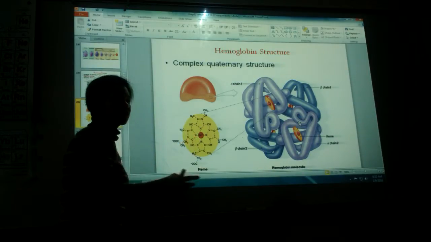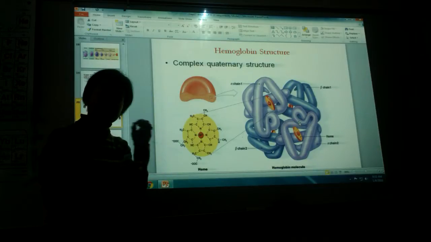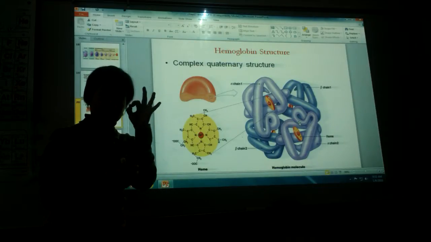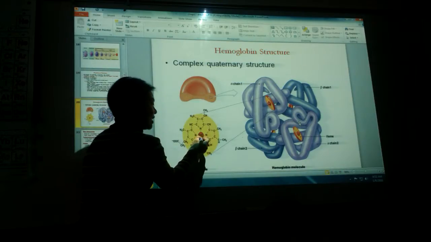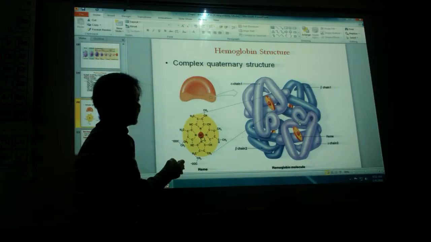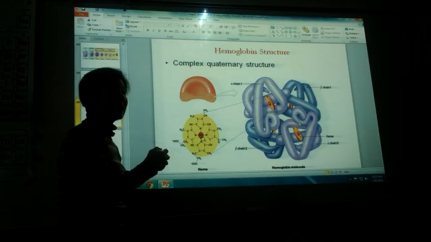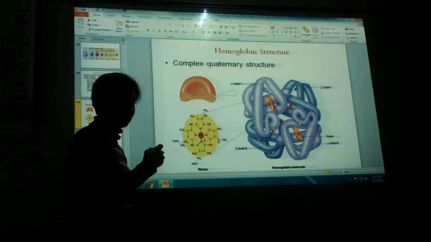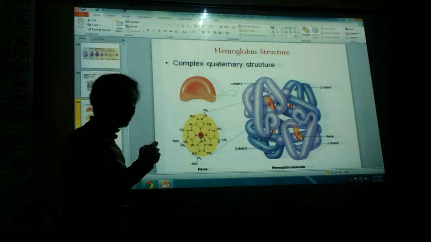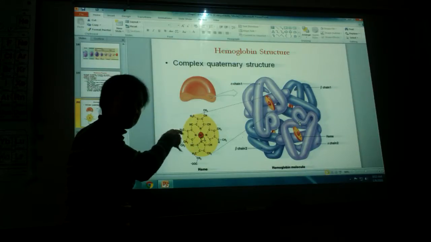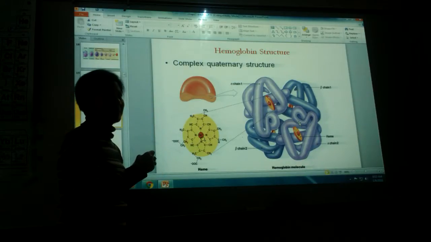The oxygen that we transport is transported bound to the iron of your hemoglobin. This is why if we are deficient in iron, we become anemic. You see? Because oxygen binds to the iron part of your hemoglobin.